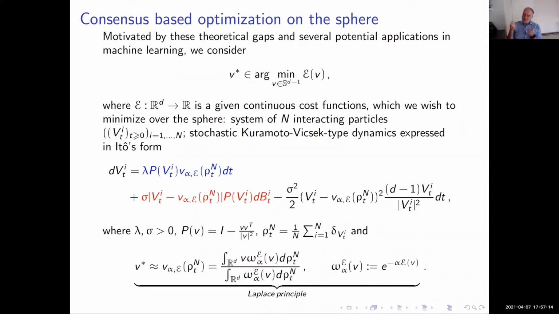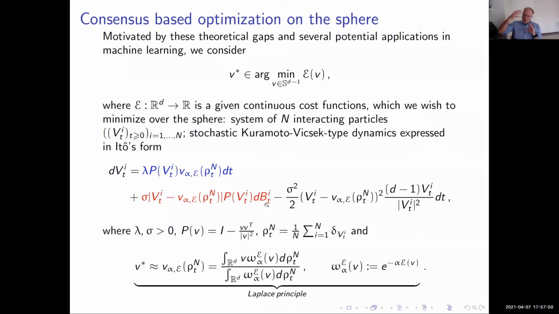So if the particle is very close to the consensus point, in other words, the consensus point is already very close to the sphere, then this particle would move very randomly, but not too wildly. But if the particle is very far from the consensus point, it means that this particle does not yet agree with the others about this consensus point, and so this particle will continue to move quite wildly, exploring around.